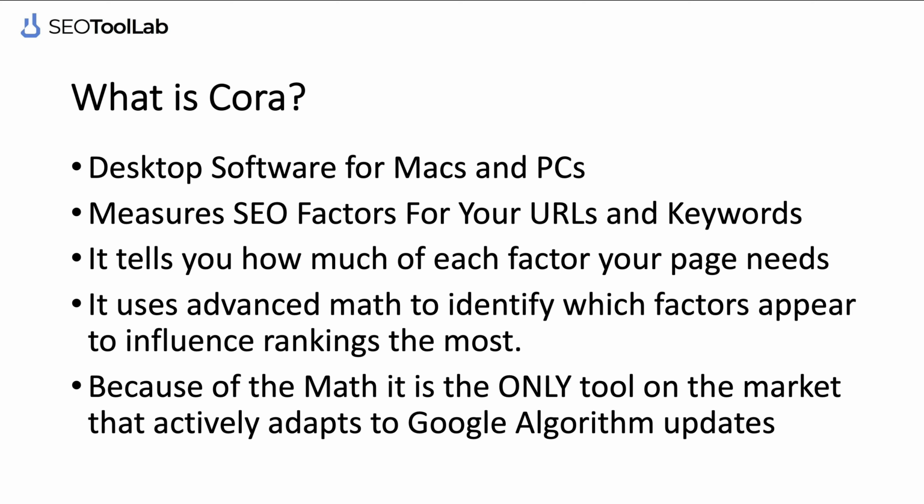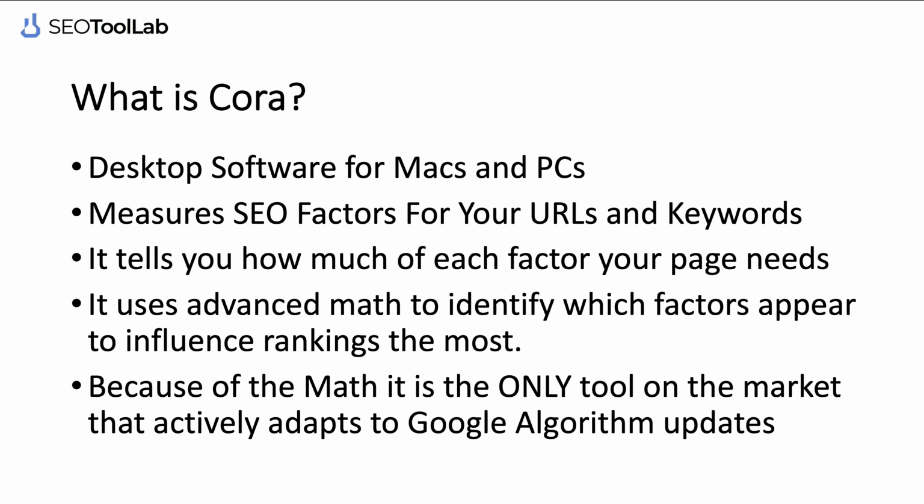And because of that math, it's the only tool on the market that actively adapts to Google algorithm updates. When Google updates their algorithm and they favor new things with that algorithm, that is reflected in the very next Cora report you run.